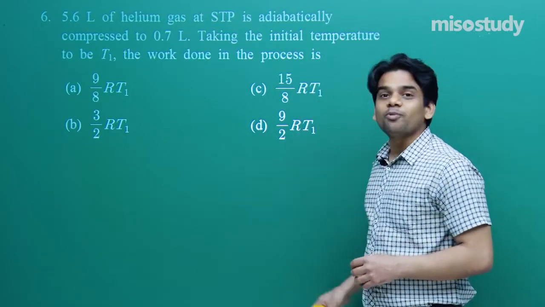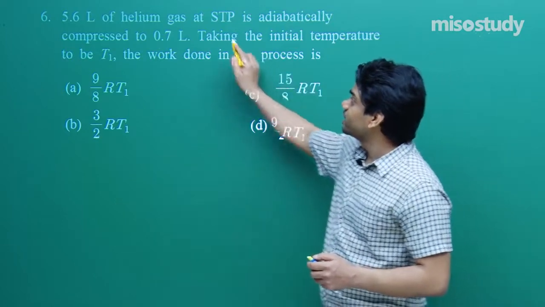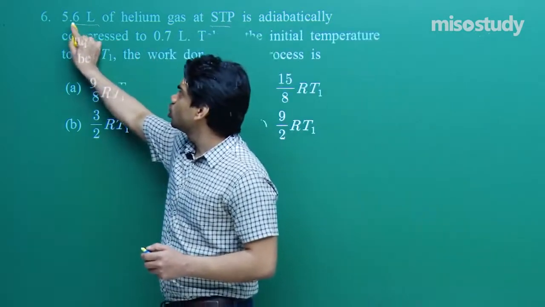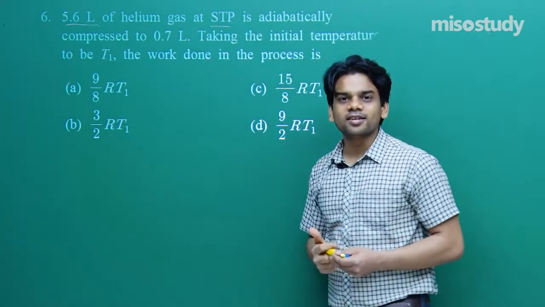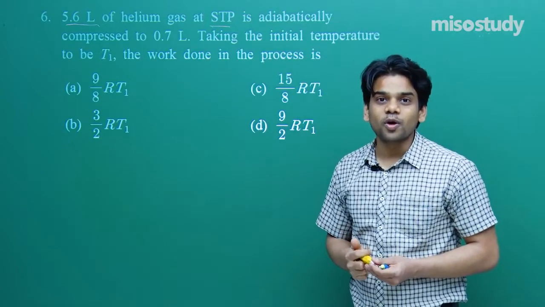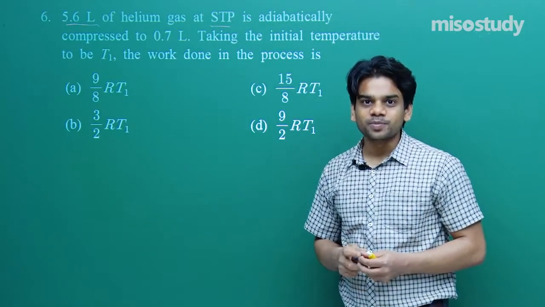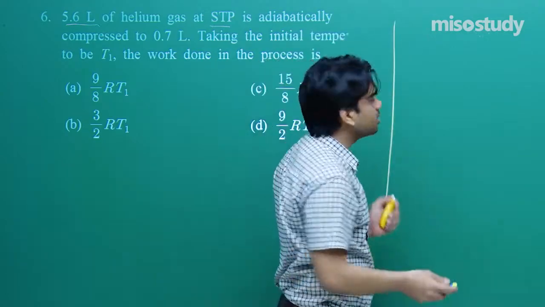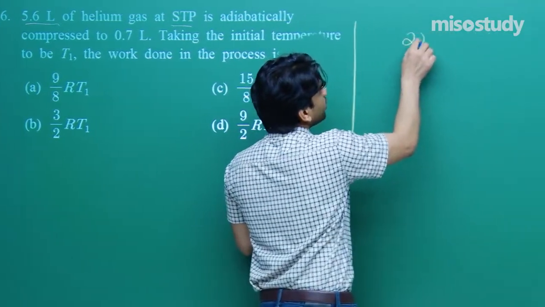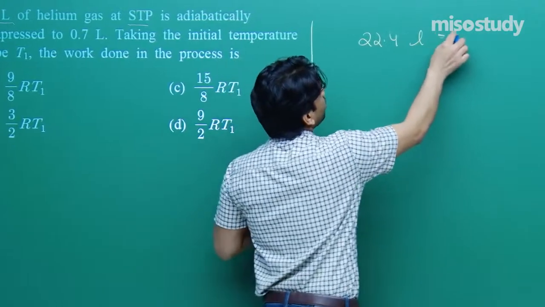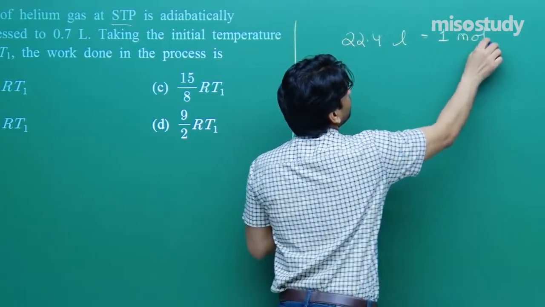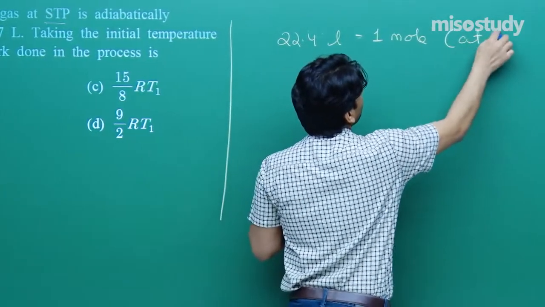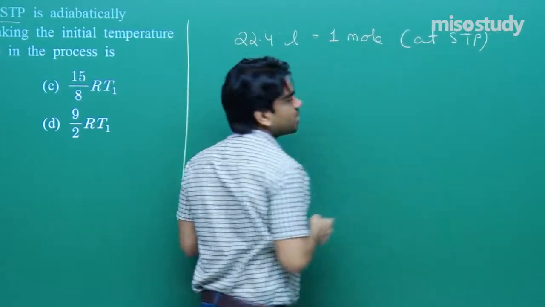It says 5.6 liter of helium gas at STP. You must be knowing that 22.4 liter is equal to 1 mole of any gas kept at STP. Remember, this is valid at STP, that is why STP is given.